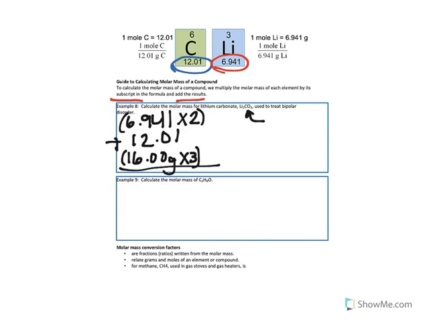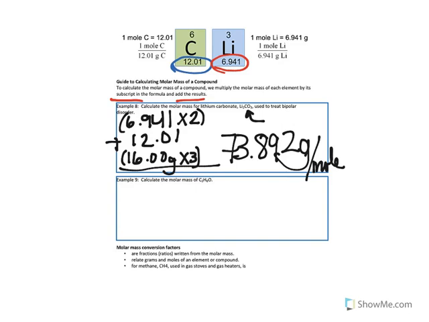If you are putting this into your calculator, please use parentheses around the 16 times 3 so as not to mess up the order of operations. You should get a final answer of 73.892 grams per mole. This is how many grams 1 mole of lithium carbonate weighs.